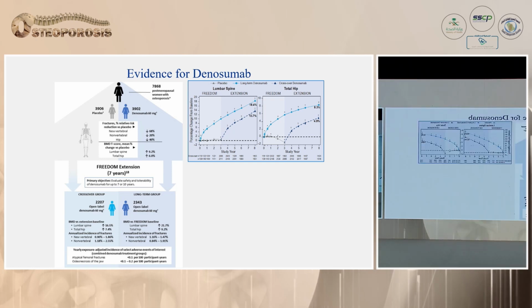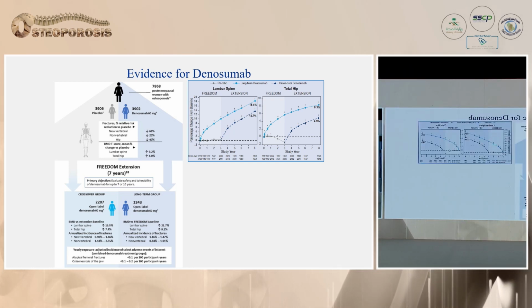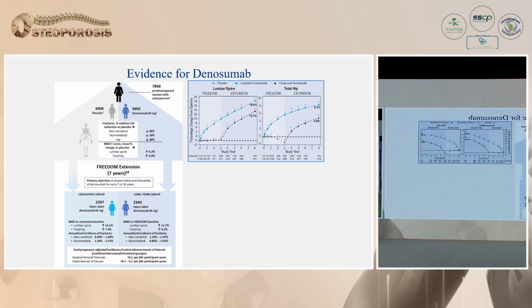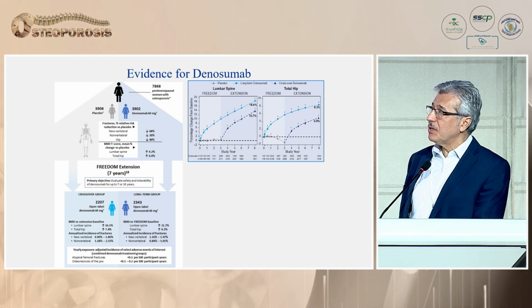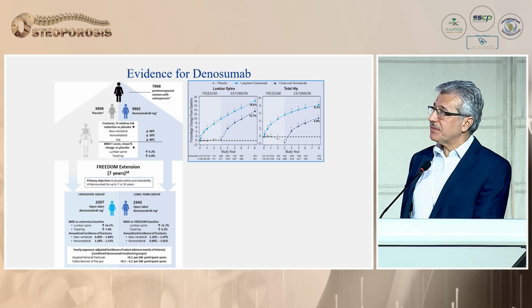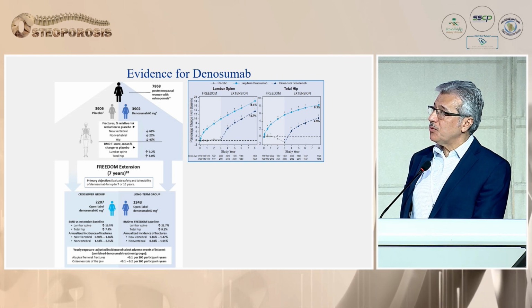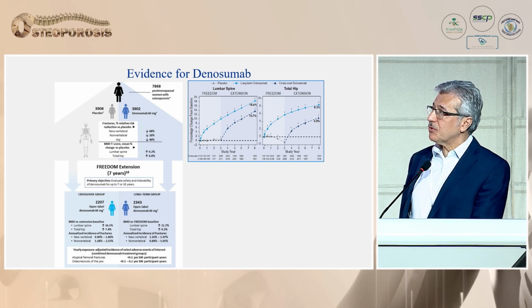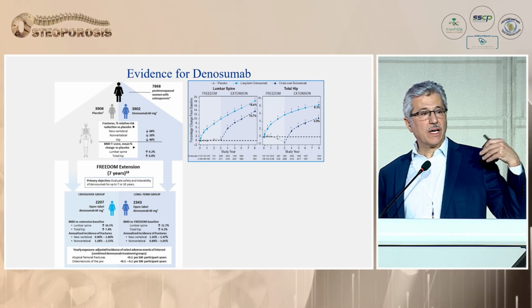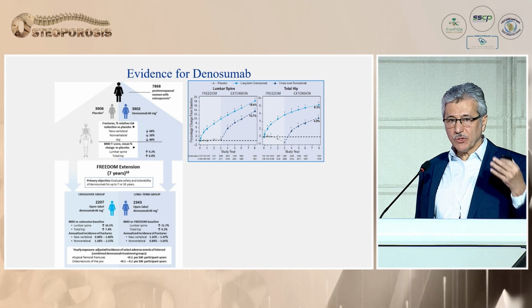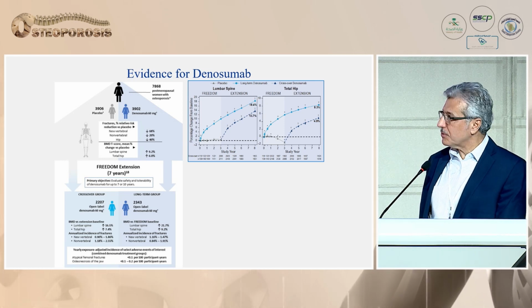This agent is a little bit different from bisphosphonate in its action, but also in its effect on BMD, where the BMD increase continues beyond the 3 years, and those who were treated for 8 or 10 years continue to increase their BMD across the duration of time. We don't see this with bisphosphonate usually.